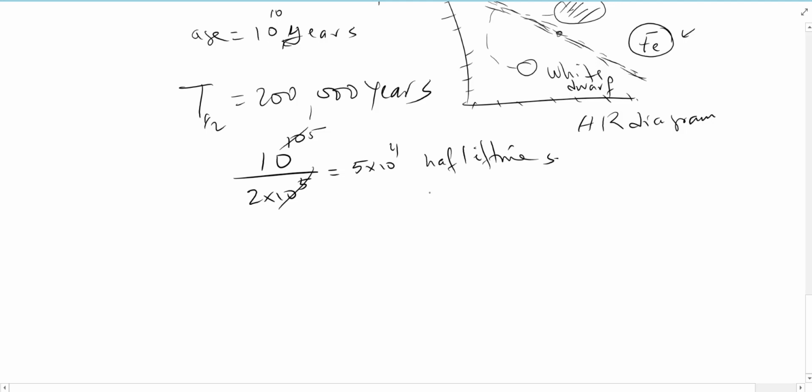50,000 times. So the question is, what fraction of the original technetium would have been left at the end of that time? Well, if you calculate this number, this is not just half. So let's work the problem backward.